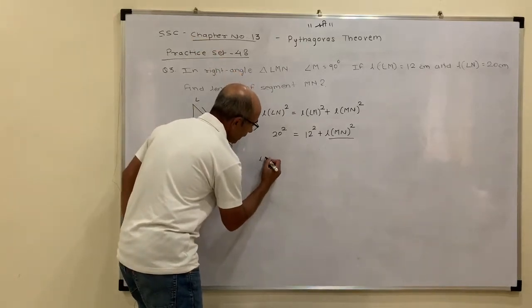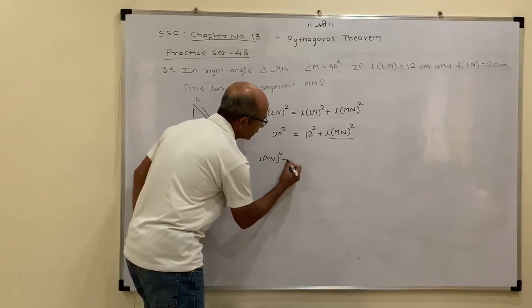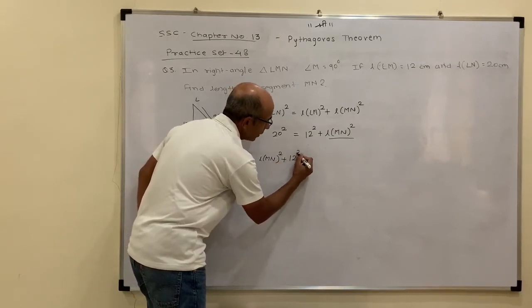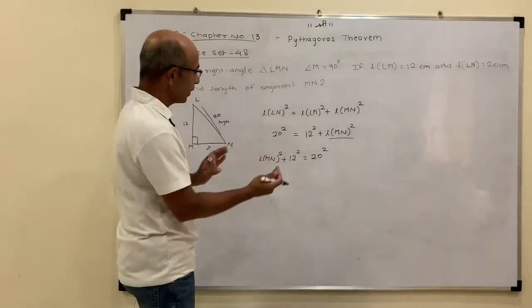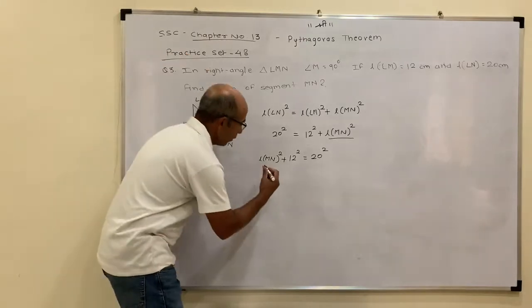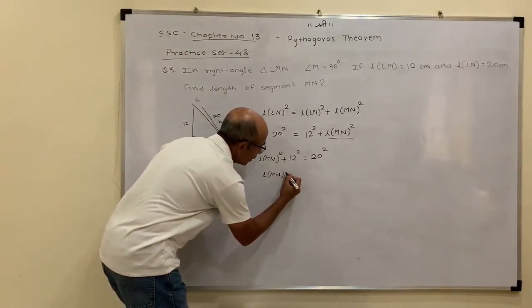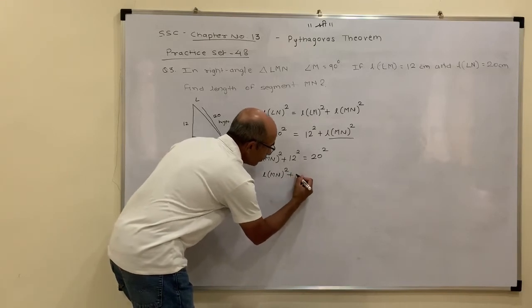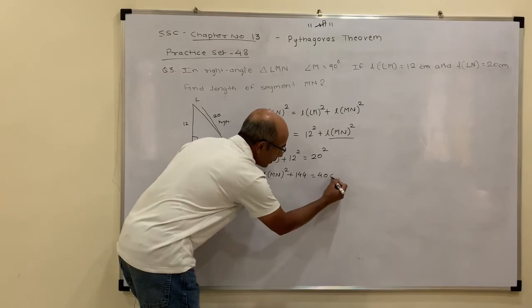So length MN square plus 12 square equals to 20 square. I have just rewritten by changing the left hand side to right hand side, and right hand to left hand side. So now length MN square, square of 12 is 144, square of 20 is 400.